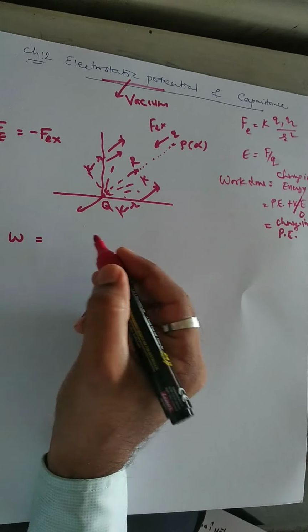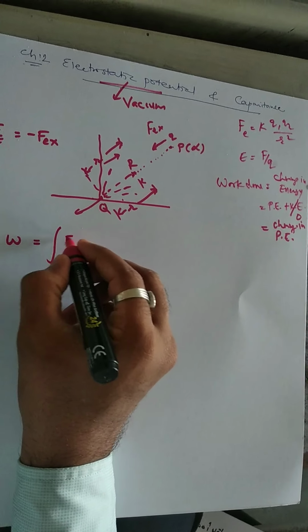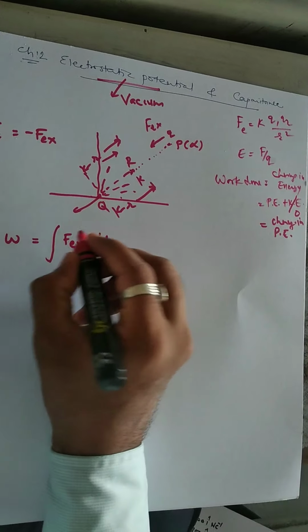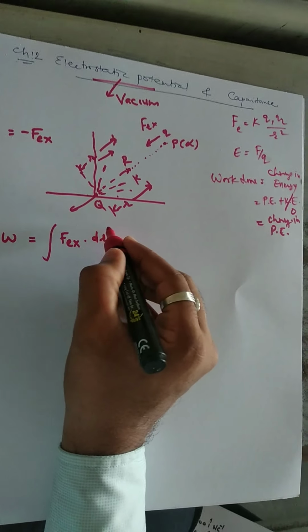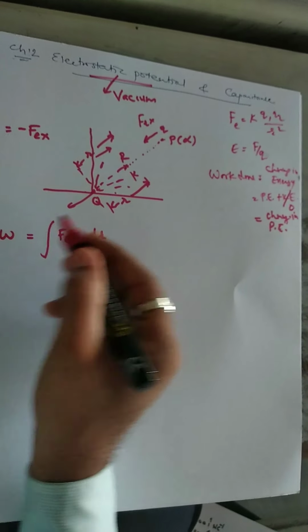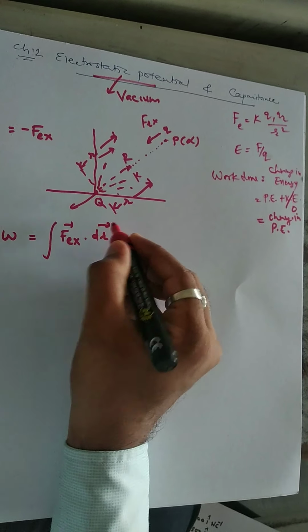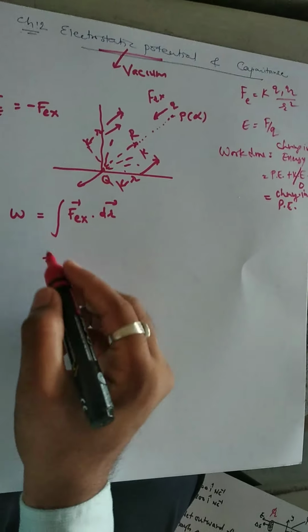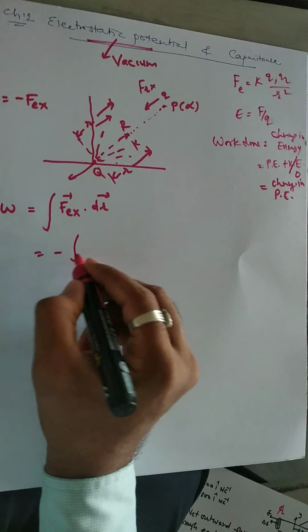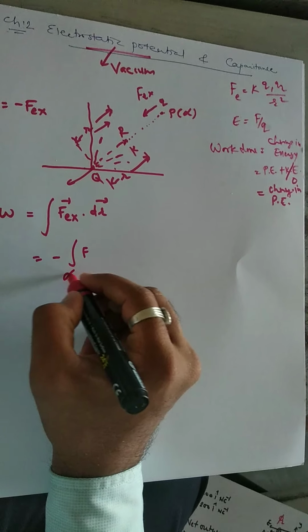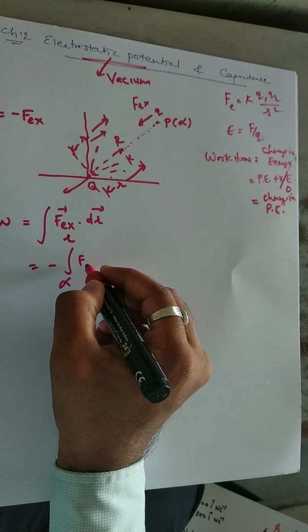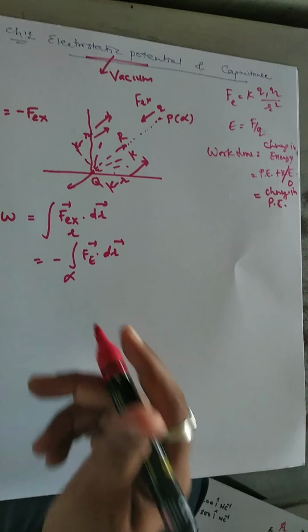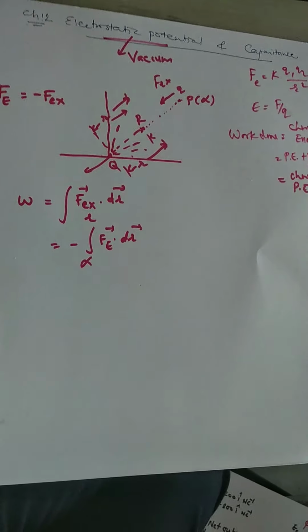So I can write work done is equal to the integration of external force into displacement, that is dr, for small displacements, and this force and the displacement are both vector quantities. So in place of external force I am writing minus Fe. So work done is equal to minus integral from infinity to a distance of R, Fe dot dr. Okay, so this will be the work done.